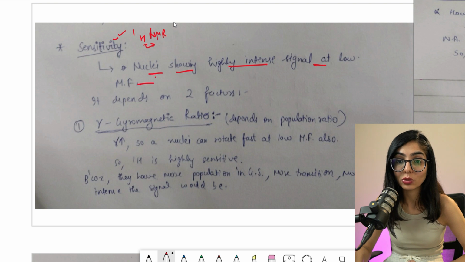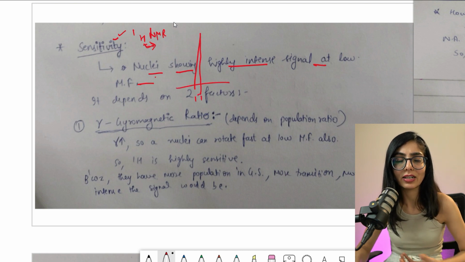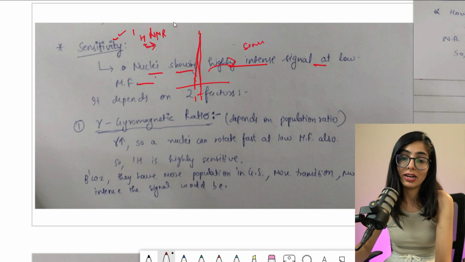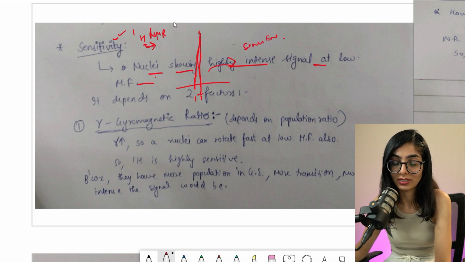That is what I need: a very small magnetic field, and if I get a very sharp signal, then I'll call that nuclei sensitive. And let me tell you, my friends, hydrogen is sensitive. It gets a signal easily. I'll tell you the reason also.